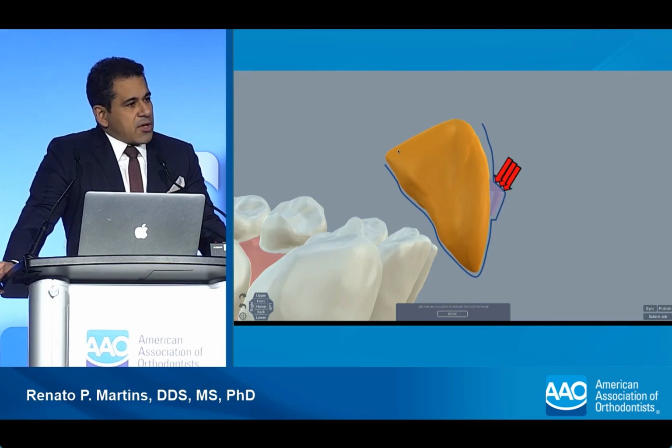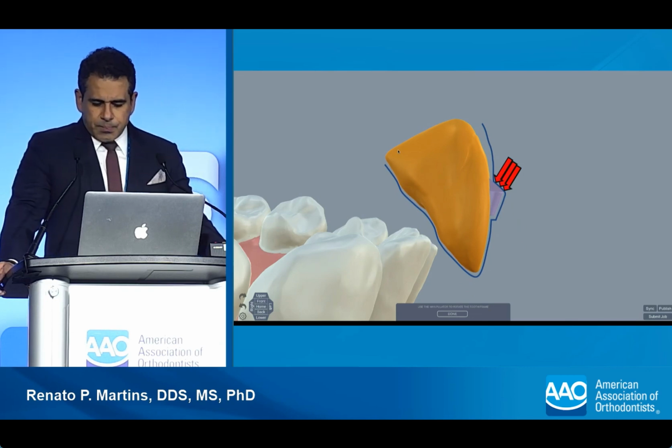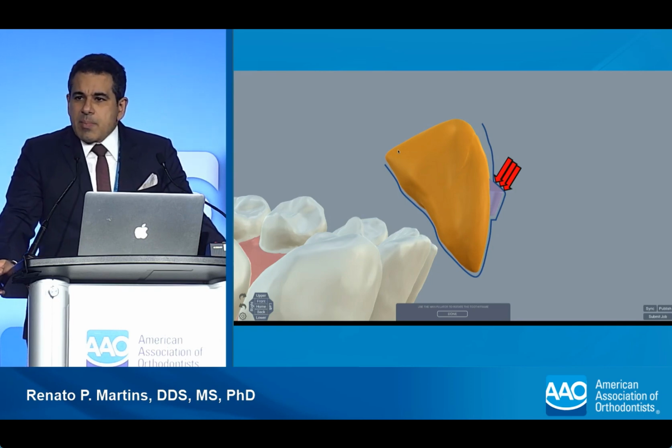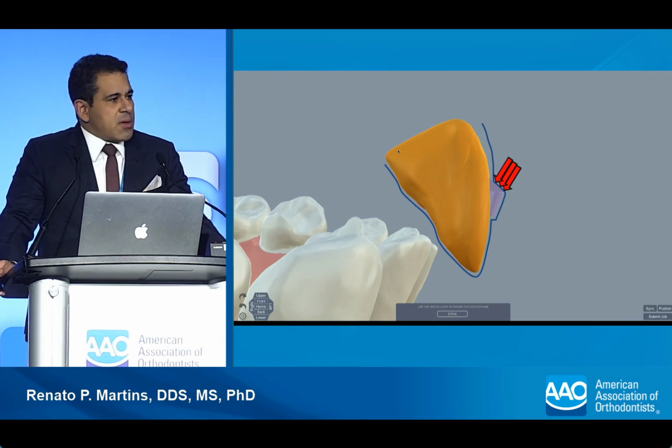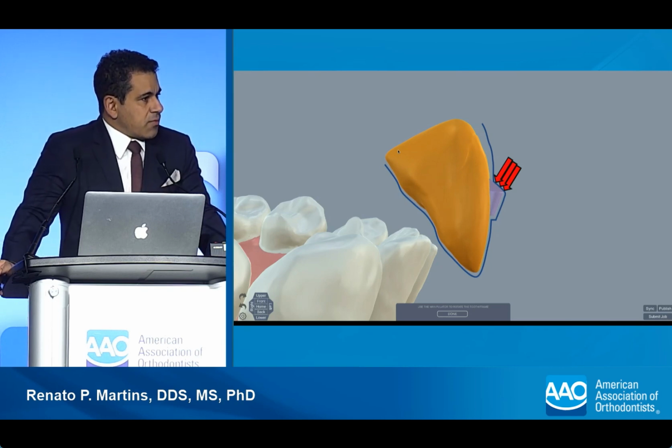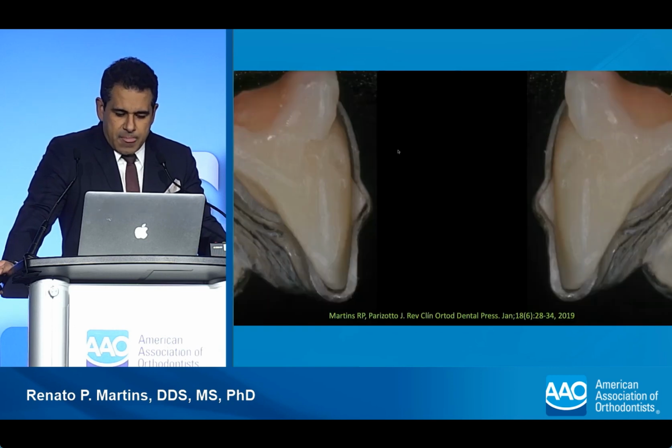There's a small lack of adaptation whenever you fit an aligner in and you try to extrude the teeth. And we can also see that the way that the aligner is going to fit over the attachment, the forces are not going to be parallel to the axis of the tooth.